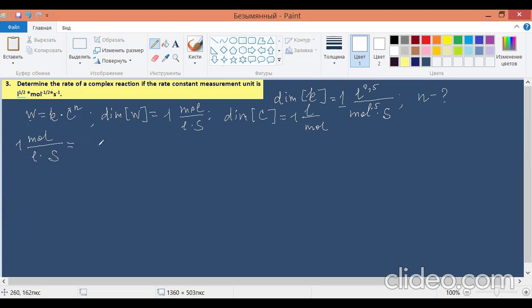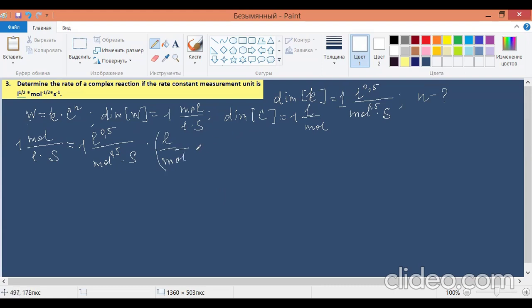Instead of k, I'm writing 1 L raised to a half over mole raised to a half and second, right? Times the concentration. Instead of concentration, I'm writing a liter per mole.